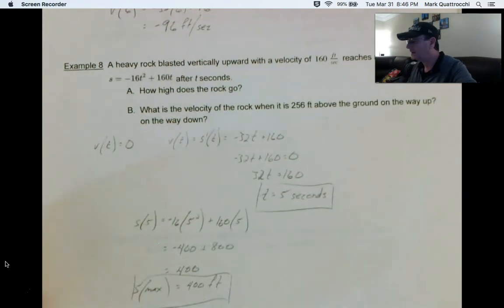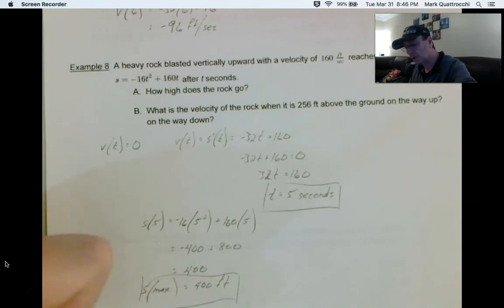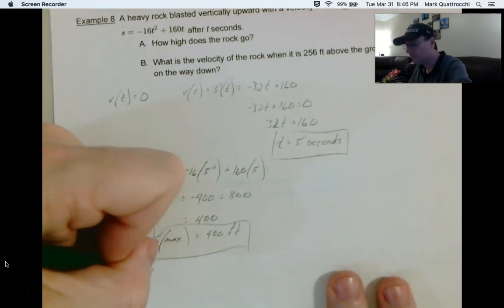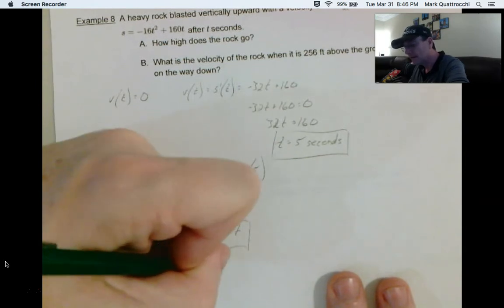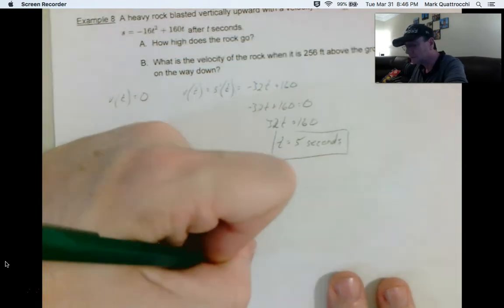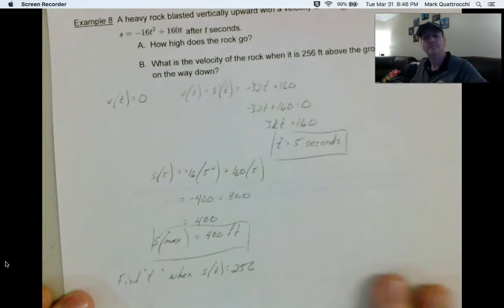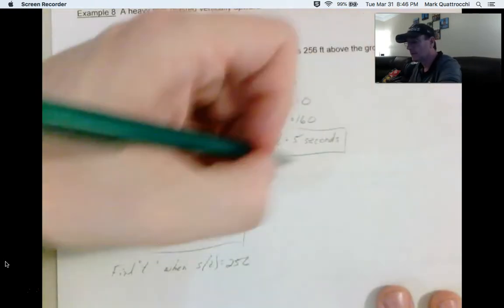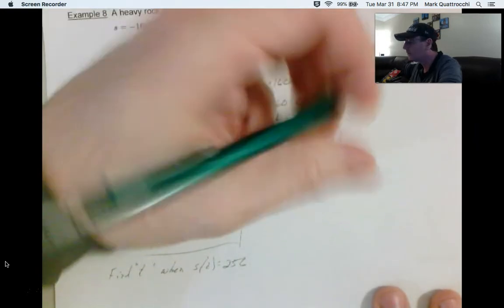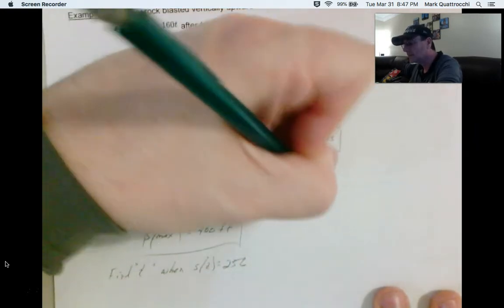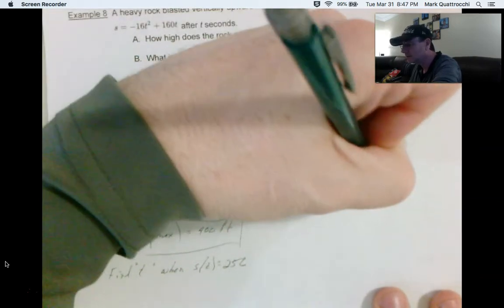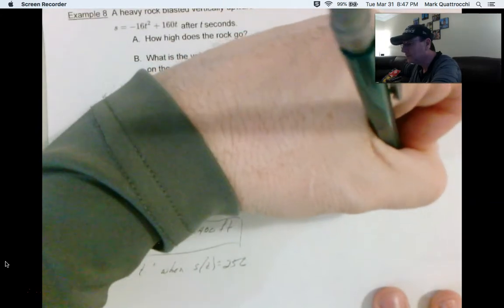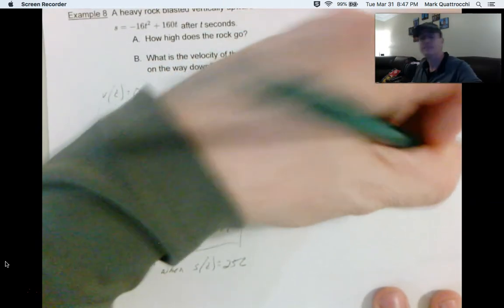So now we want to find t when S of t equals 256. Okay, I'm going to do that over here. S of t equals negative 16 t squared plus 160 t equal to 256.